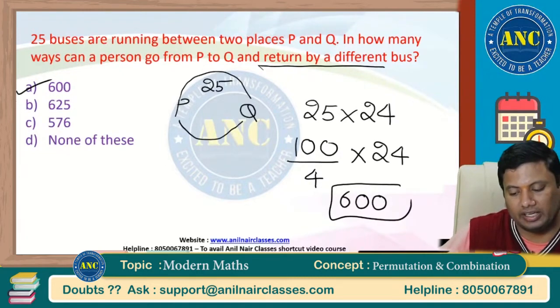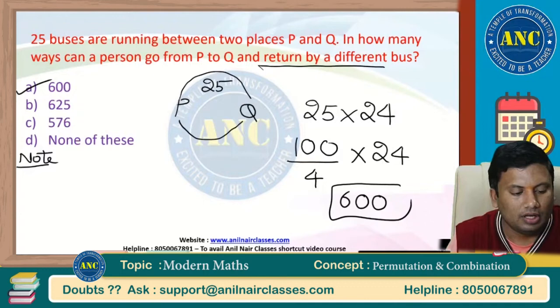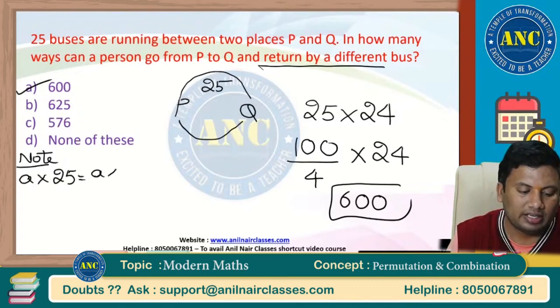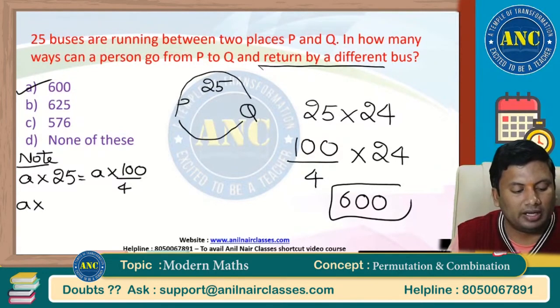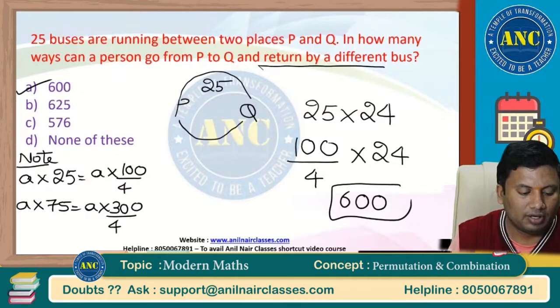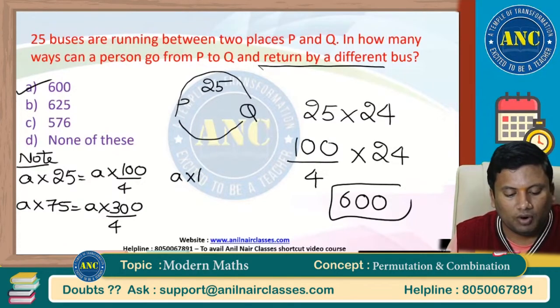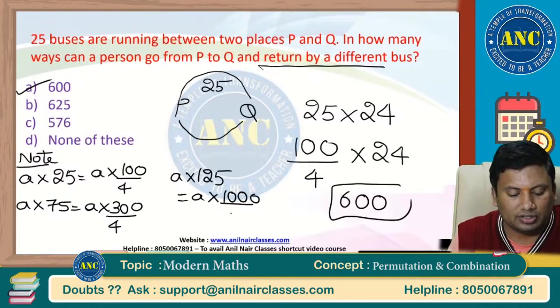25 into 24. See, here one important note, sir. Suppose A into 25 is there, learn to write it as A into 100 by 4. Suppose A into 75 is there, try to write it down as 300 by 4. Suppose A into 125 is there, try to write it down as A into 1000 by 8.